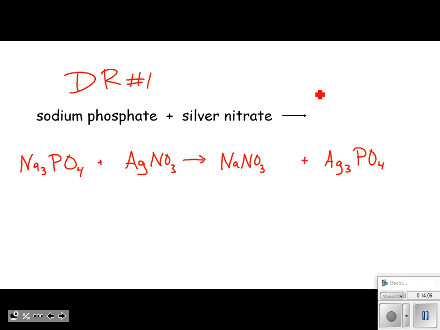So first one is sodium nitrate. So I find sodium nitrate. It is soluble. So I put an AQ behind that. Silver phosphate. Silver phosphate is insoluble.